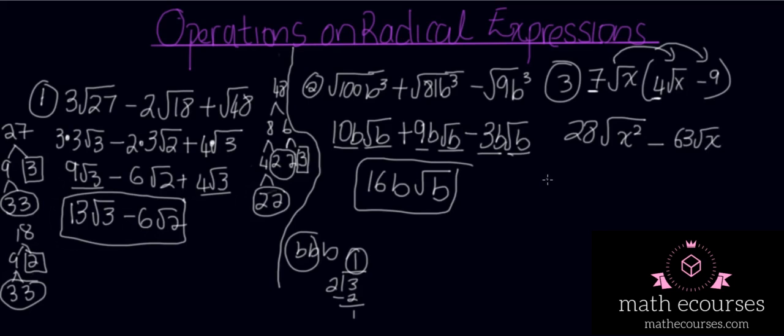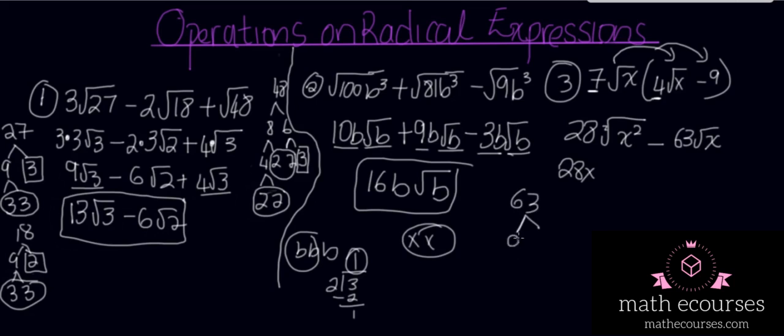Now I just need to simplify this. X squared, 2 divided by a 2 is 1. Or if I was to draw down two x's, that's a set right there. So I can take out an x. So this is just 28x because I have nothing else to go back into my radical. And then for 63, I can break down 63.